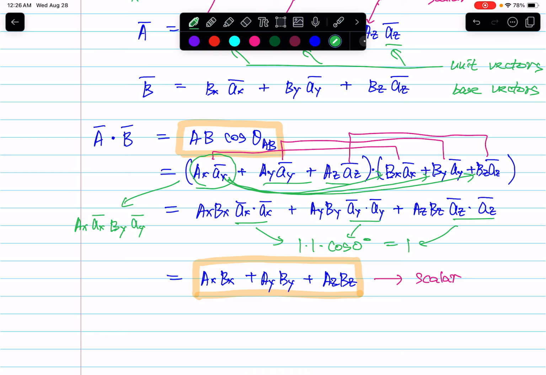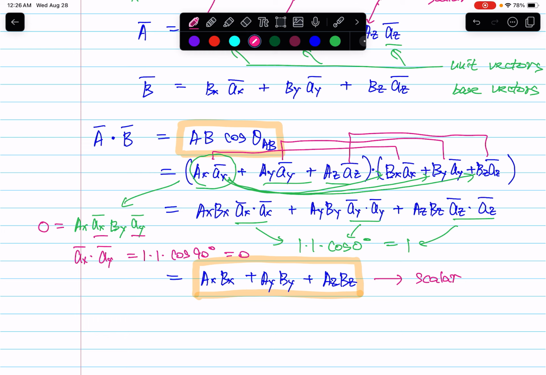This results in 0 because ax dot ay becomes 1 times 1 times cosine 90 degrees, so that's 0, right? So this whole thing goes to 0. That's why we don't see those left. Okay, the same thing with the rest.